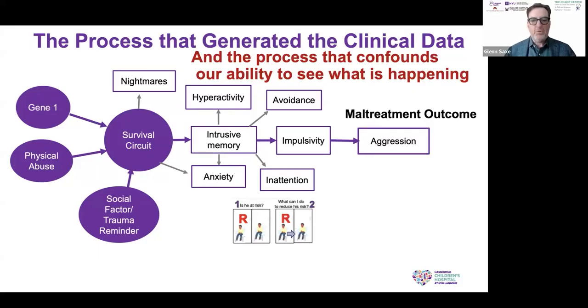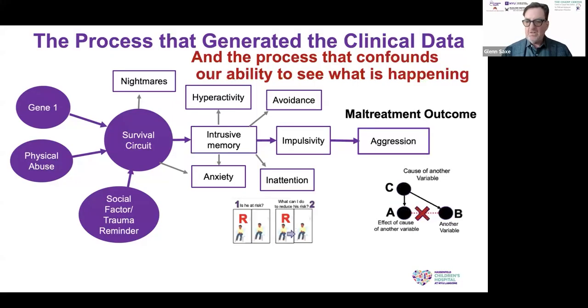If we look at a research article, we'll see these correlations, but they're not relevant for changing aggression. They're relevant for predicting aggression, but not changing aggression. That was the difference between predictive knowledge and causal knowledge.